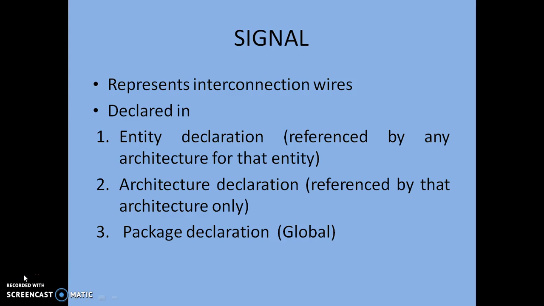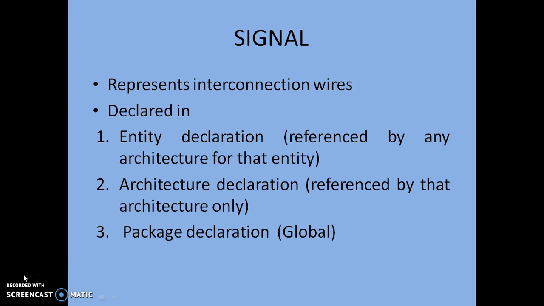The second is architecture declaration, means you can declare the signal in the architecture body as well, like in a C program. For example, you declare first the main function and then all the functions declared in the standard stdio package can be used in the main function.